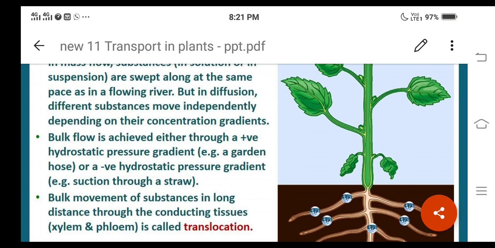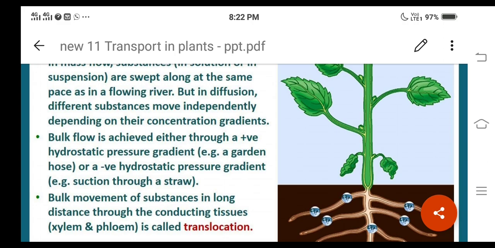Xylem is associated with the translocation of mainly water, then mineral salts, and in addition some organic nitrogen and hormones, from roots to the aerial parts of the plants, right?